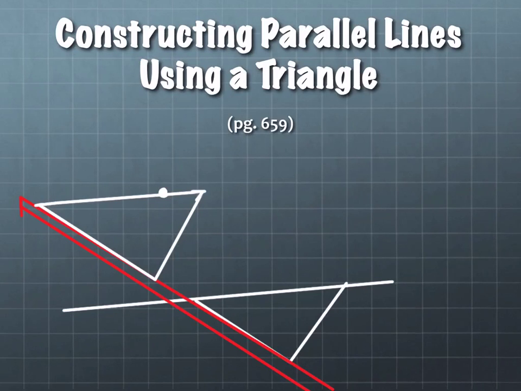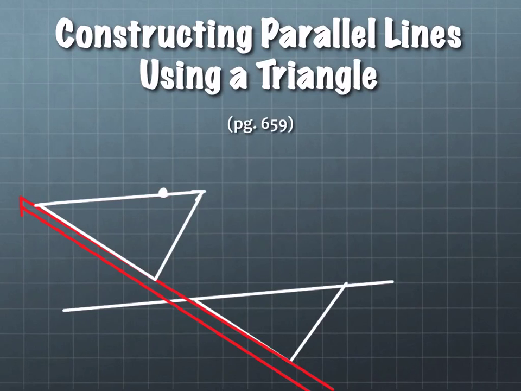And the angles are the same because the shape's congruent, right? So this angle here at the bottom is the same measure as this angle. This angle here in the top right is the same measure as the angle at the top right. So since you have congruent corresponding angles, according to our last theorem, your lines are parallel because your corresponding angles are congruent.